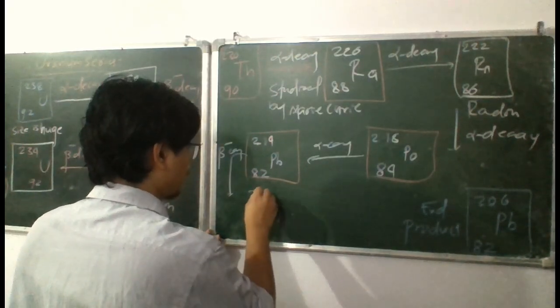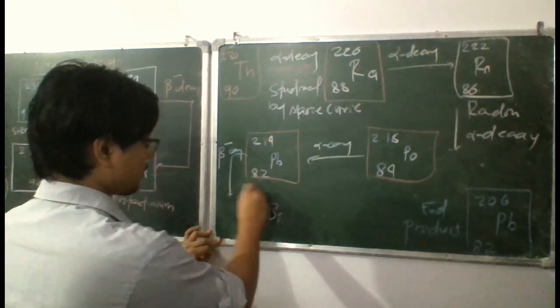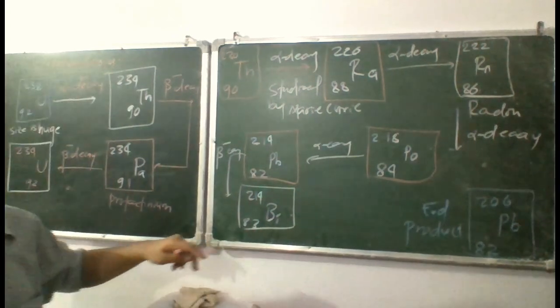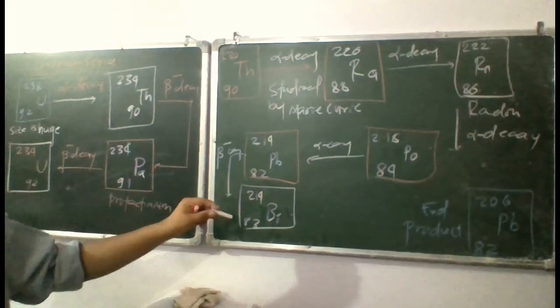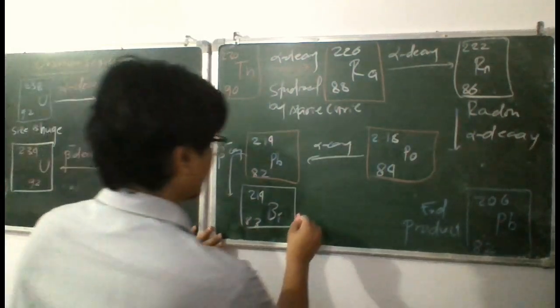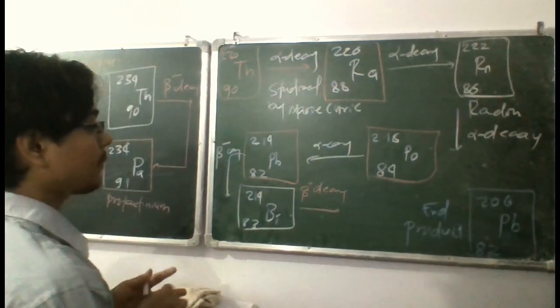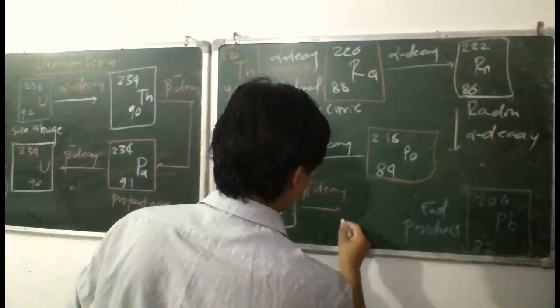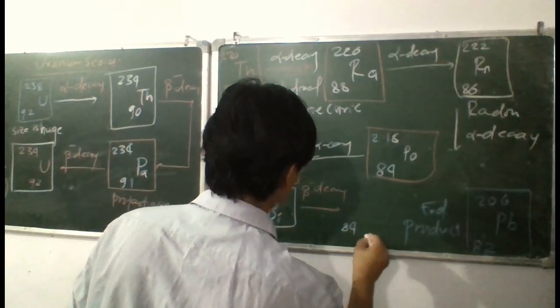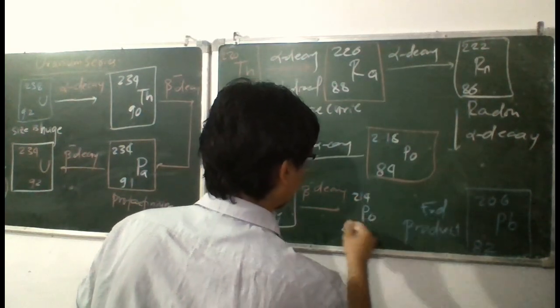Bismuth 214. Now it was found that bismuth is not stable. Then what we get is, this bismuth is converted into polonium by again a beta minus decay, and beta minus decay would cause it to be 84, and 84 means polonium 214.